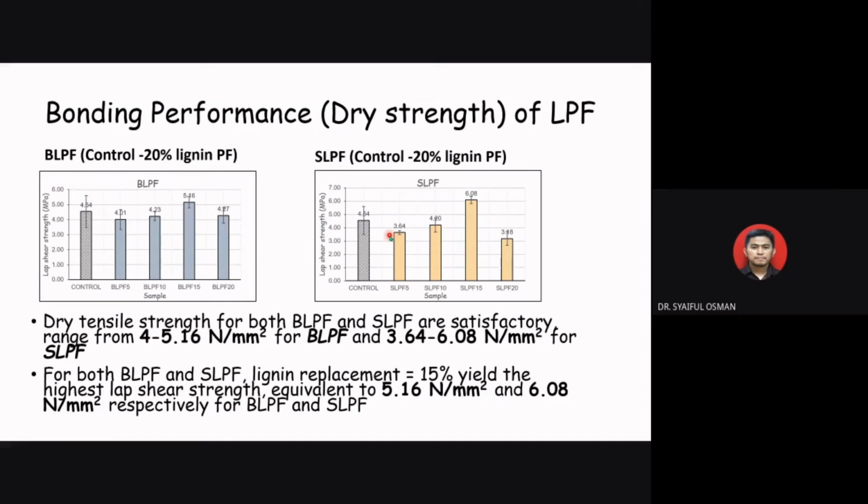And this shows the high prospect of lignin obtained from bamboo as a partial replacement for phenol in the synthesis of phenol formaldehyde adhesive.